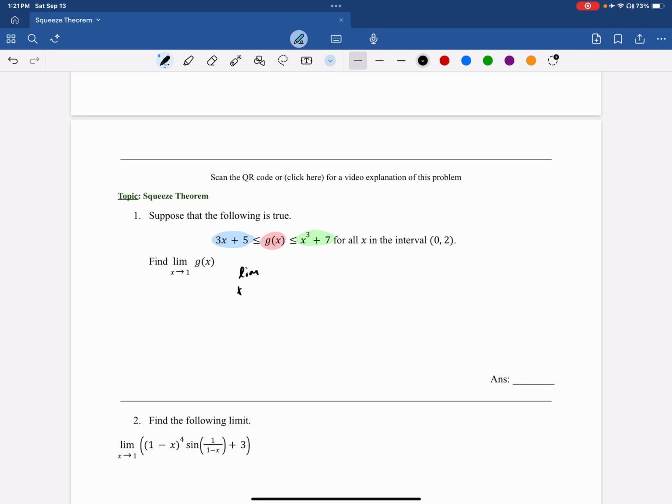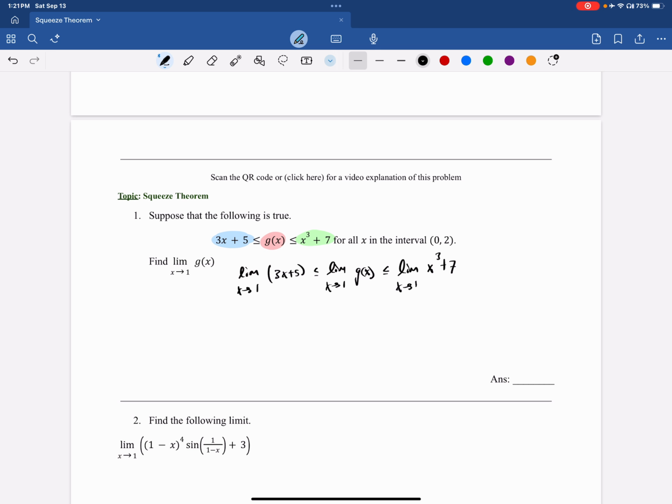The limit as x approaches 1 of the blue function, 3x plus 5, has to be less than or equal to the limit as x approaches 1 of that middle function, which has to be less than or equal to the limit as x approaches 1 of the green function, that bigger function, x cubed plus 7. So if that inequality is true, then that inequality must hold true also with the limits. Okay, let's keep on going then.